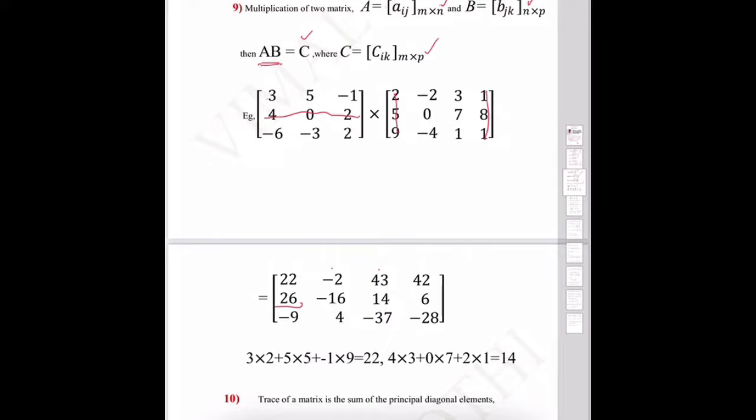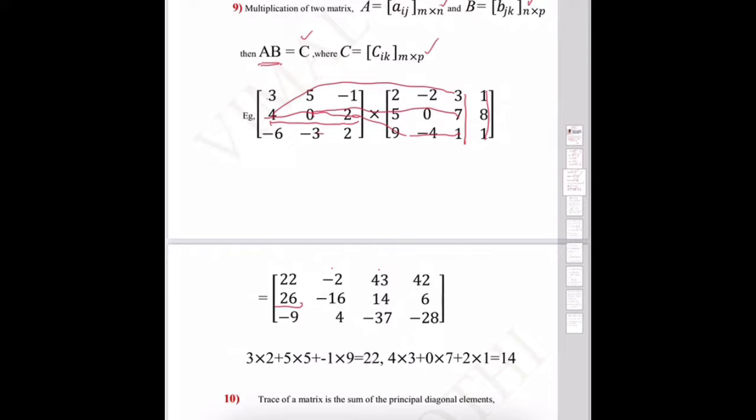Then, second row multiplied by second element, we get second row, second element. Then, second row multiplied by third element, that is 4 into 3 plus 0 into 7 plus 2 into 1, that is 14. Okay.